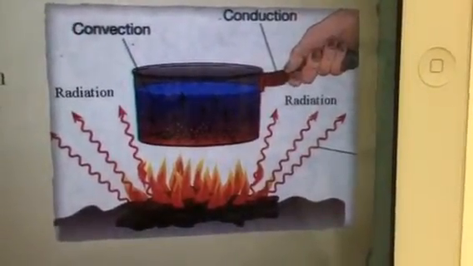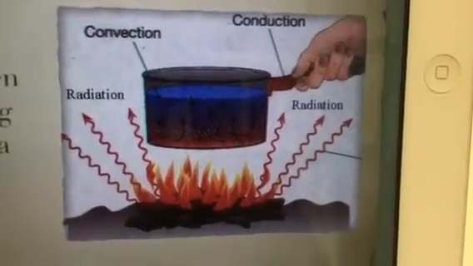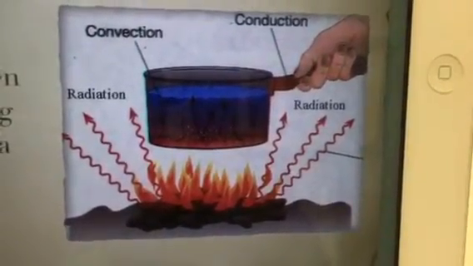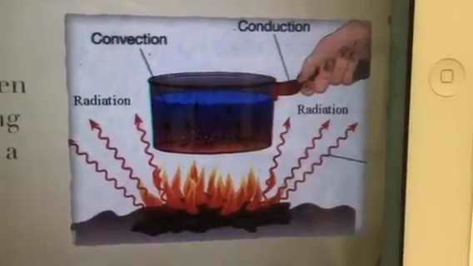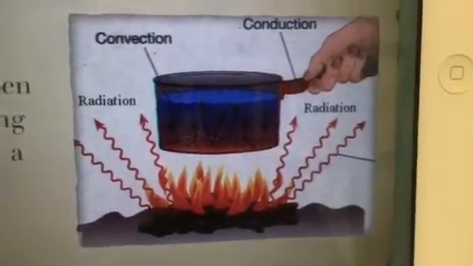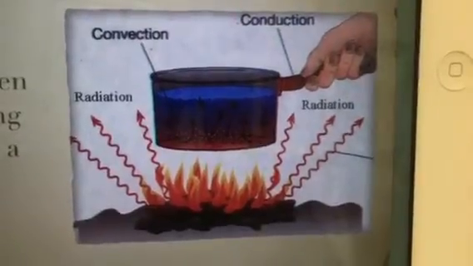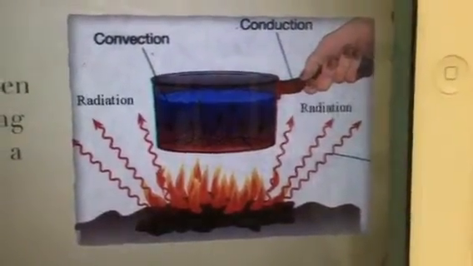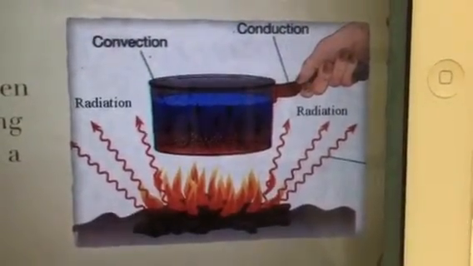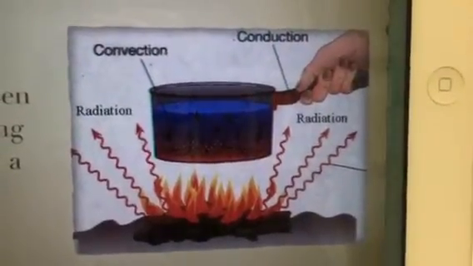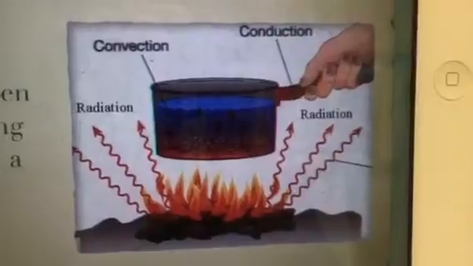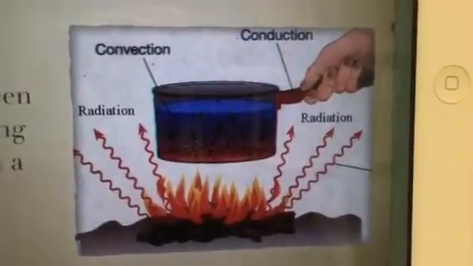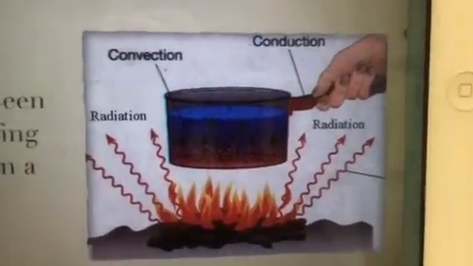The water within the pot is using convection, and then the pot itself is conducting heat from the stove eye, and then the flame at the bottom, the heat that's not being used by the pot is radiating away from the flame, and the area around it can be heated that way.